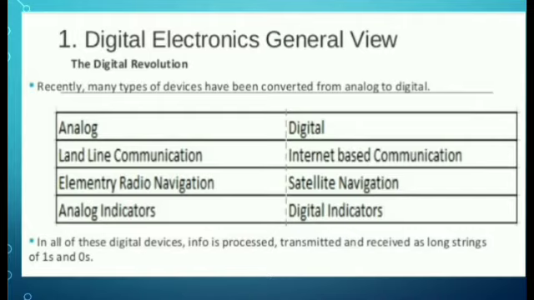On the digital side, we have internet-based communication, satellite navigation, and digital indicators. In all these devices, information is processed, transmitted, and received as long strings of ones and zeros.